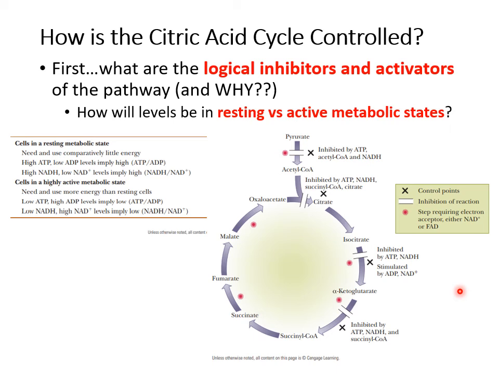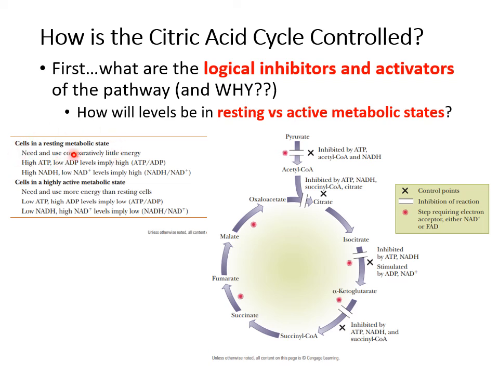Now, when we look at this, you can also think about the cell itself in terms of its metabolic states. So there's the resting metabolic state, when a cell is chill, it's not using much energy, it doesn't need much energy, versus when it's highly active and it needs to get things done, right? So when you look at these, it goes along with our logic.